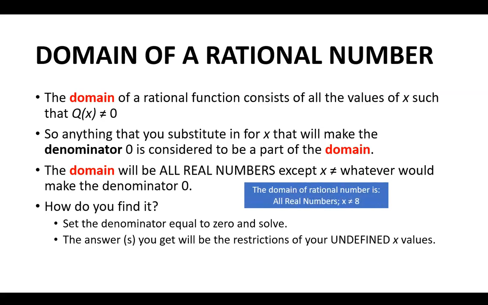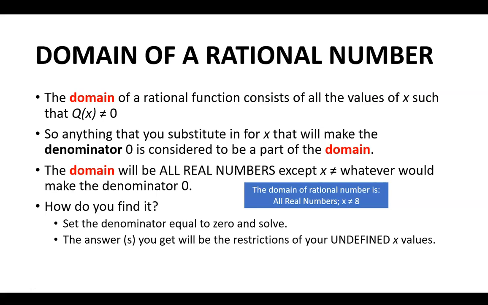Here's an example. All real numbers except x cannot be equal to 8. So I found that 8. I put my number in there because I figured out if I plug 8 into this rational function, it's going to make my denominator 0. So I cannot use the number 8. How did I find that number 8?